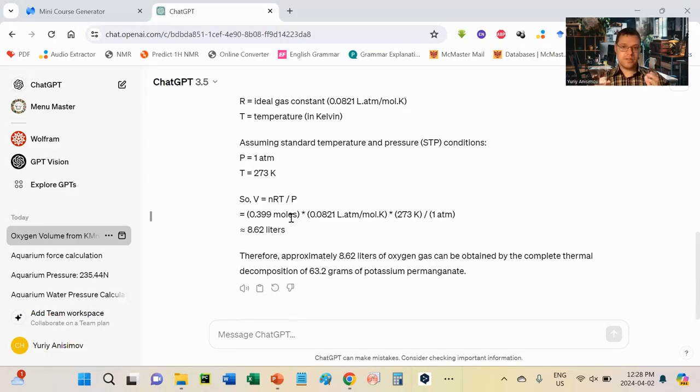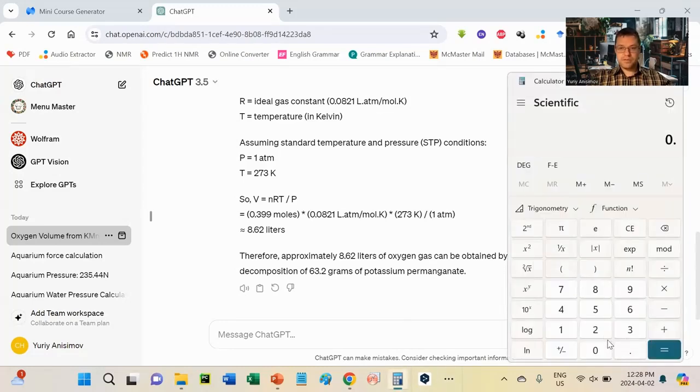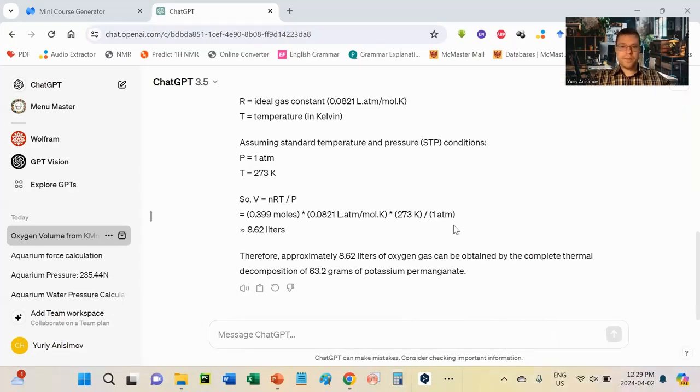That's important, because according to the stoichiometry, we should have half as much oxygen gas, meaning 0.2 moles, and then this value should be 2 times less. Okay, so I will just double check: 0.2 times 22.4 is the number of liters of gas at standard temperature and pressure. 448, yeah, it looks like it just doubled, so it forgot about stoichiometry.